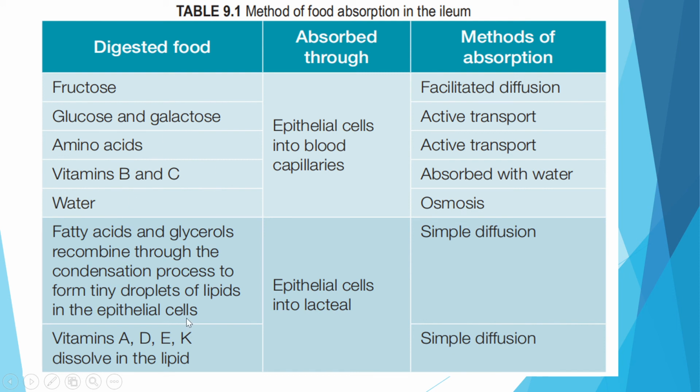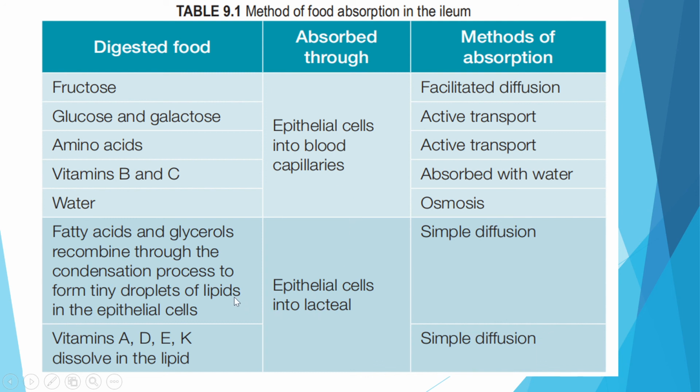Okay, so let's look at the fats family. You have the fatty acids and glycerols, and also vitamins A, D, E, K, which are lipid soluble. All of these will go through the lacteal. So it is a different route from the ones just now, which go into the blood capillaries.